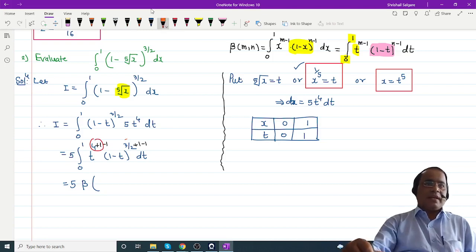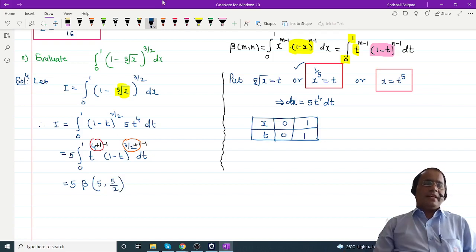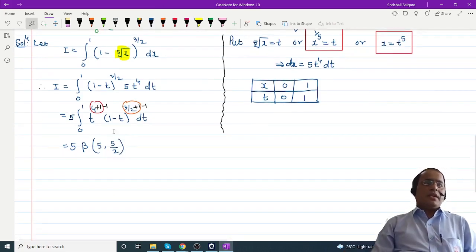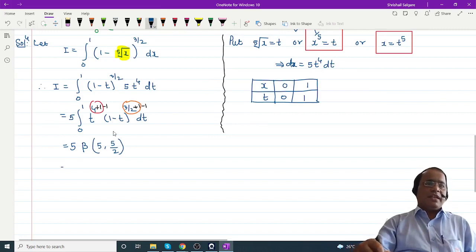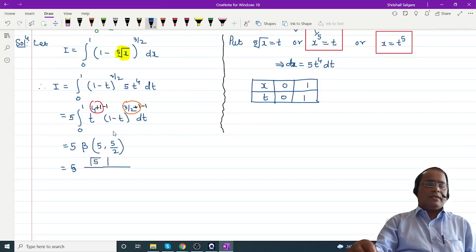Now correct your answer: beta of 5 and 5 by 2. So the evaluation of that integral is in terms of beta. Further I will simplify that integral by using the relation between beta and gamma. This is given as 5 into gamma 5, divided by, yes, what is the addition?